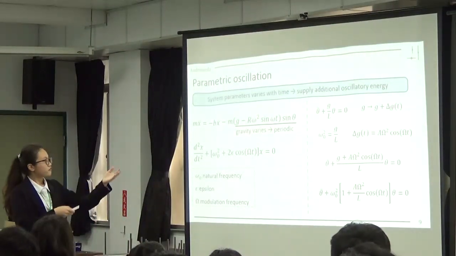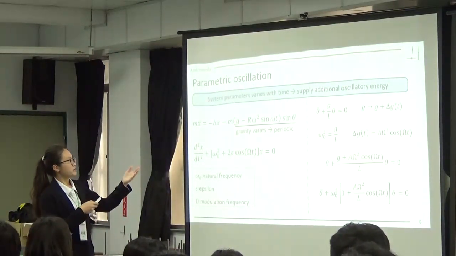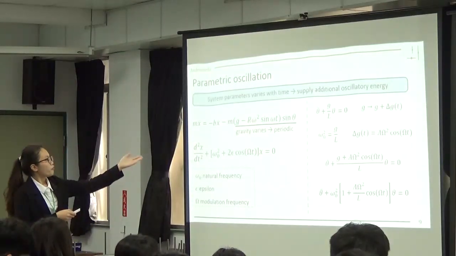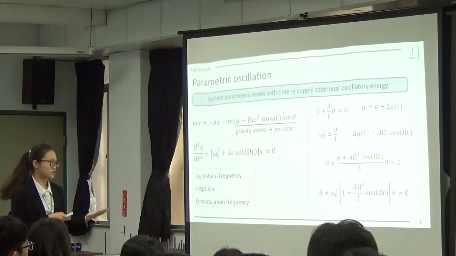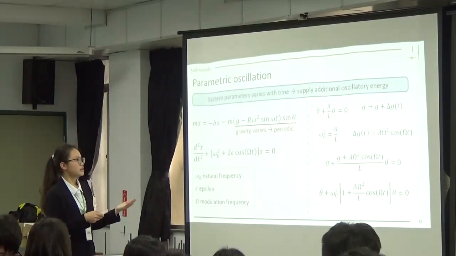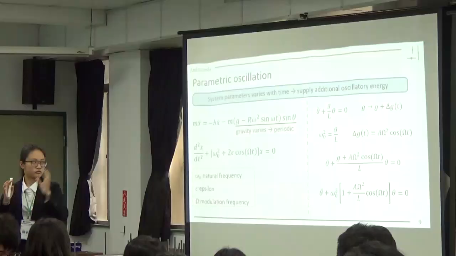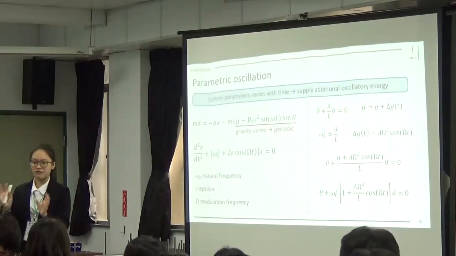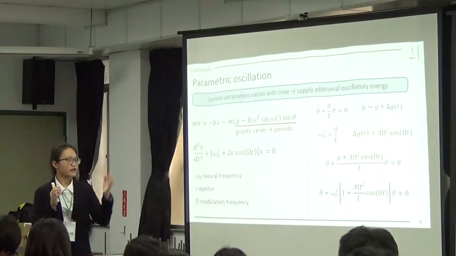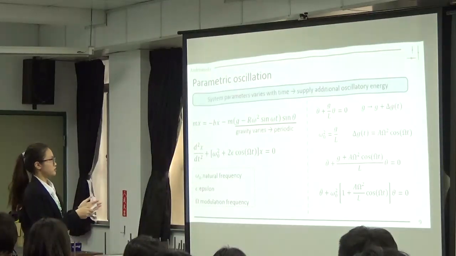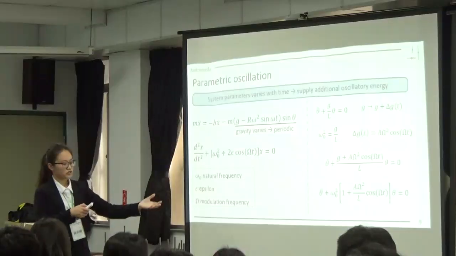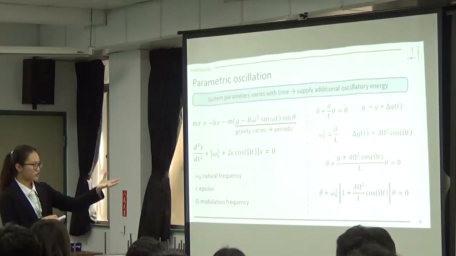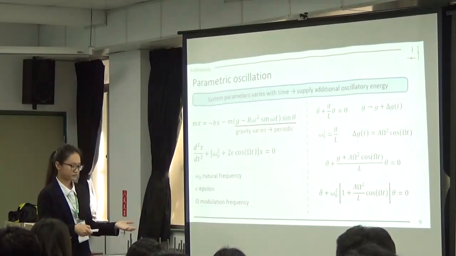The reason we can say that this is a parametric oscillation is because we rewrite our formula into this part, as I just said in the force analysis part, and you can see this part as the gravity of the whole system varying with time. If we look at it this way, then it fits the parametric oscillation. So in order to fit all the properties, we rearrange our formula and we get this one.